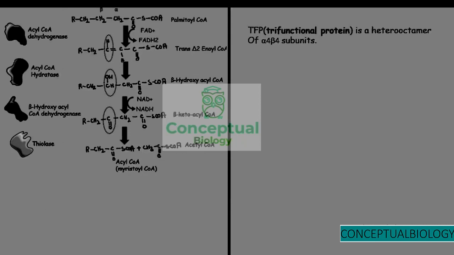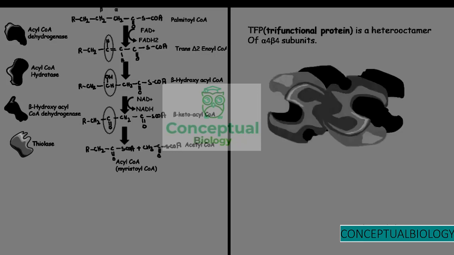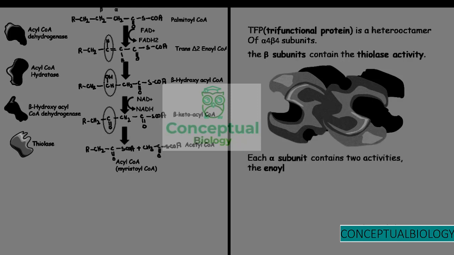Now, strictly speaking, all these 4 enzymes that are important for fatty acid oxidation are not individual entities. They actually form a trifunctional protein complex, which is a heterooctamer having 4 alpha, 4 beta subunits. Now, the beta subunits contain the activity for thiolase, and the alpha subunit has a dual activity for the hydratase and the hydroxyacyl-CoA dehydrogenase.